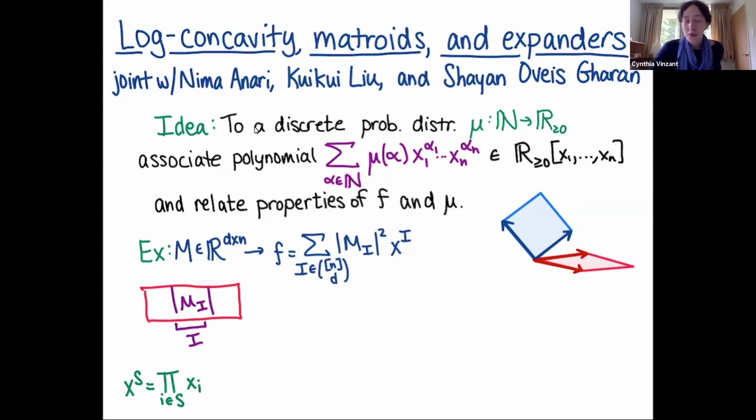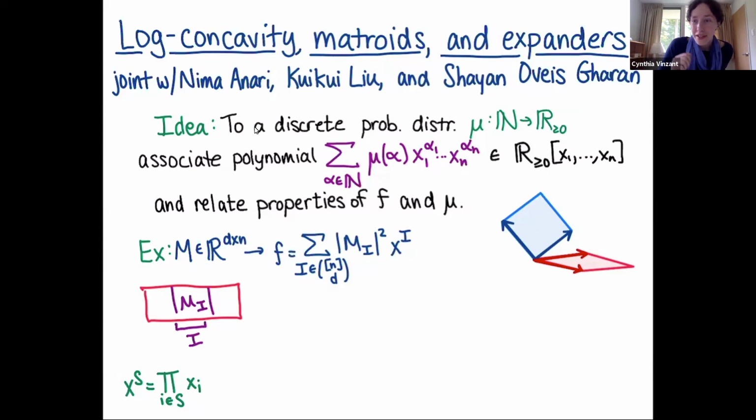And one reason that one might like such a distribution is that it favors collections of subsets of vectors. I can think of the columns of this matrix M as the ground set, and I'm picking subsets of these columns.